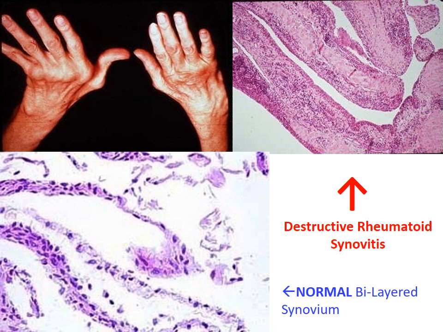This shows the normal synovium, and it's double layered, one monolayer and one of histiocytic or macrophage-like cells that line this double layer synovium.